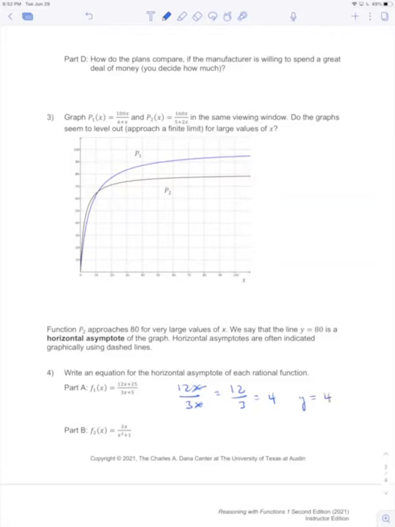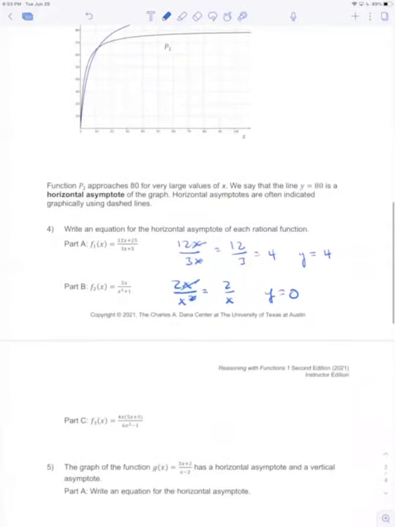Part B, f sub 2. Let's see, we have 2x again. I'm looking at the leading terms. We have 2x as the leading term of the numerator, x squared as the denominator's leading term. And the x is going to cancel for one of those, and we'll have 2 over x. So when we get 2 over x, we're going to get the line y is equal to 0 as a horizontal asymptote.